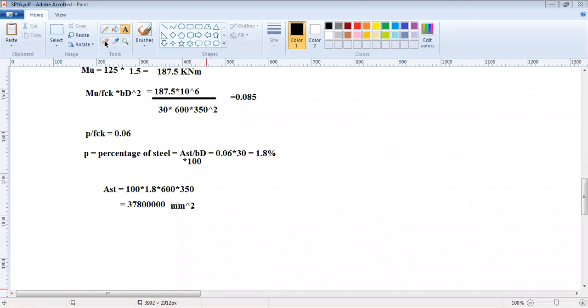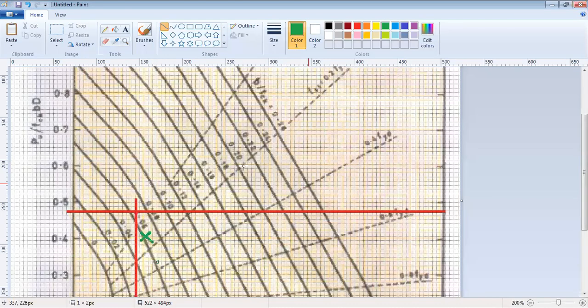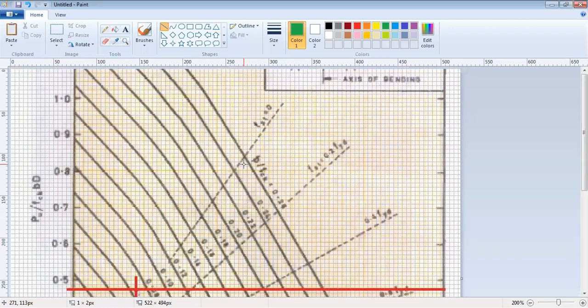How? If you have a look at these charts, now these charts have rings. What do these rings resemble?